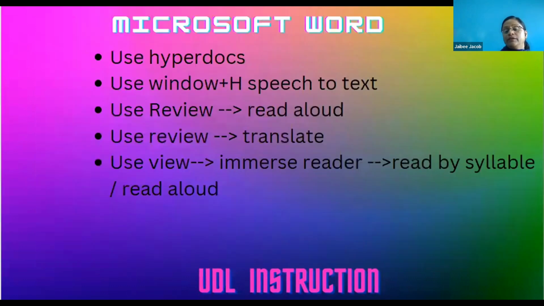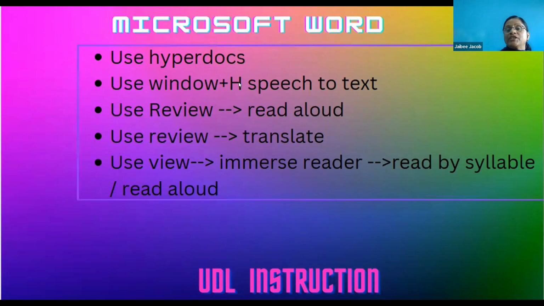Moving on to some of the things that I found from this course. In Microsoft Word itself, you can use hyperdocs. Hyperdocs means a document with hyperlinks. So they will just click on the link, go there, and they can come back, which will allow the students to be more focused.